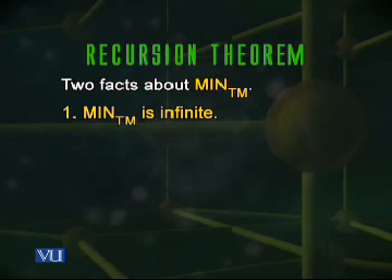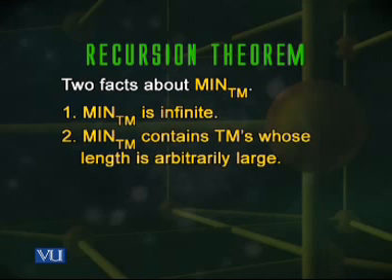That's obvious since there are infinitely many Turing recognizable languages, and for each language there must be exactly one Turing machine in MIN-TM. So the total number of Turing machines in MIN-TM is infinite.